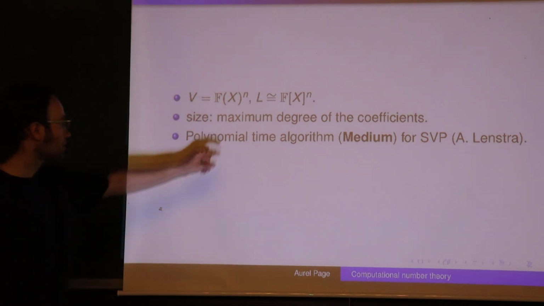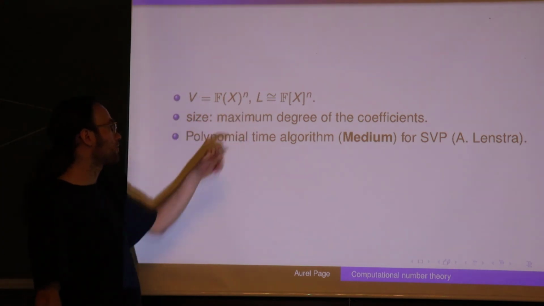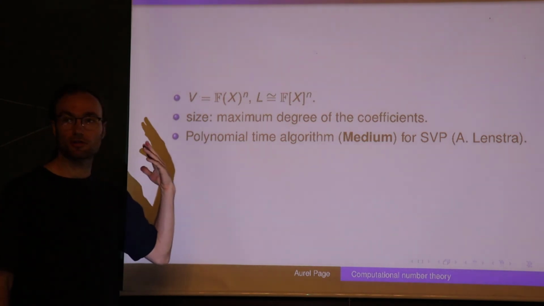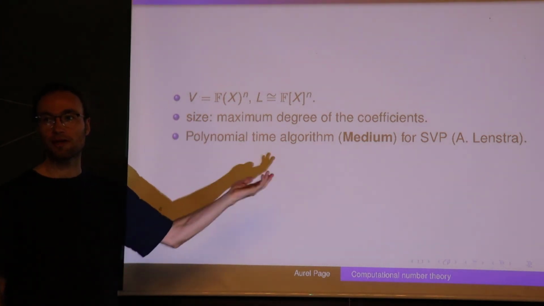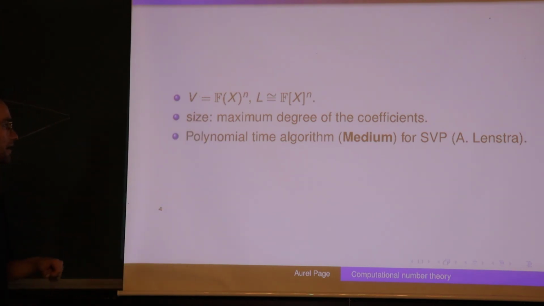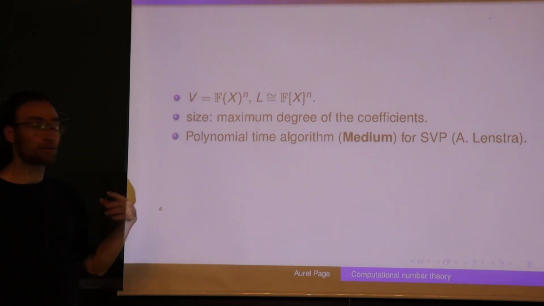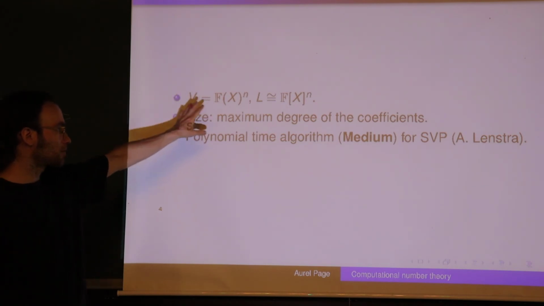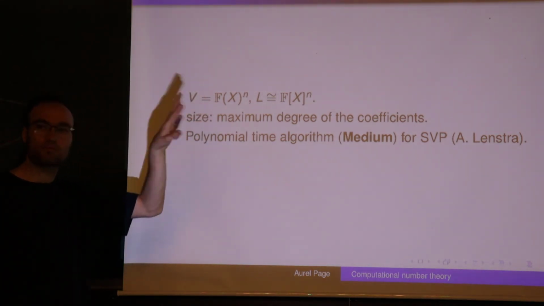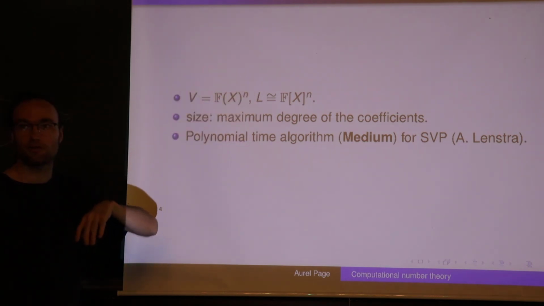And your L is going to be the set of linear combinations of a basis with coefficients that are polynomials. So you replace integers by polynomials and reals by fractions. And you have a notion of size instead of Euclidean norm, which is just going to be the maximum degree of the coefficients, where the degree of a rational fraction is just the degree of the numerator minus the degree of the denominator.